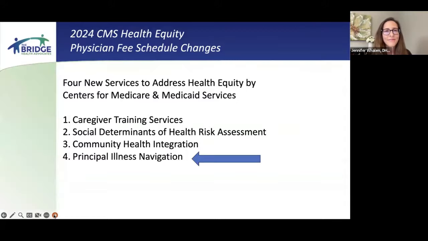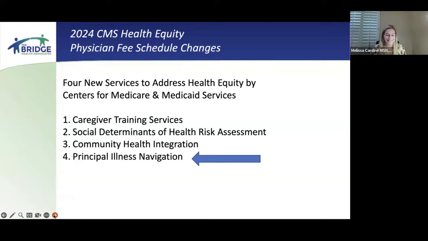So just to refresh your memory, there are 4 new services that address health equity by the Centers for Medicare and Medicaid Services, CMS. First is caregiver training services. Then there's a social determinants of health risk assessment, community health integration, and then principal illness navigation. For some reason, we're starting at the bottom with principal illness navigation.